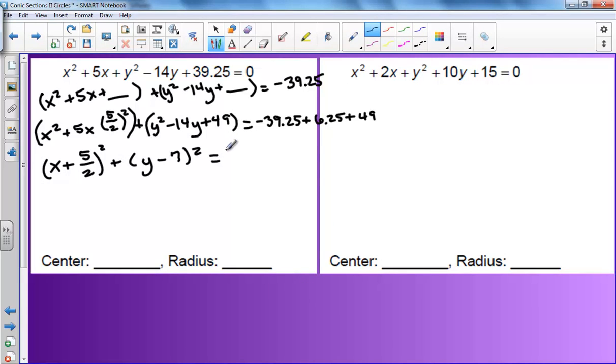Didn't that work out nicely? Okay, so our center then is at a negative 5 over 2, or we could say it's at negative 2.5, 7, and the radius is the square root of 16, or 4.